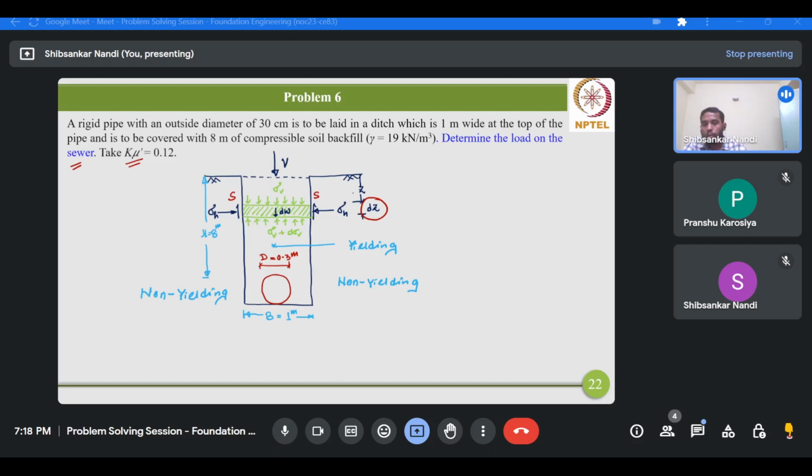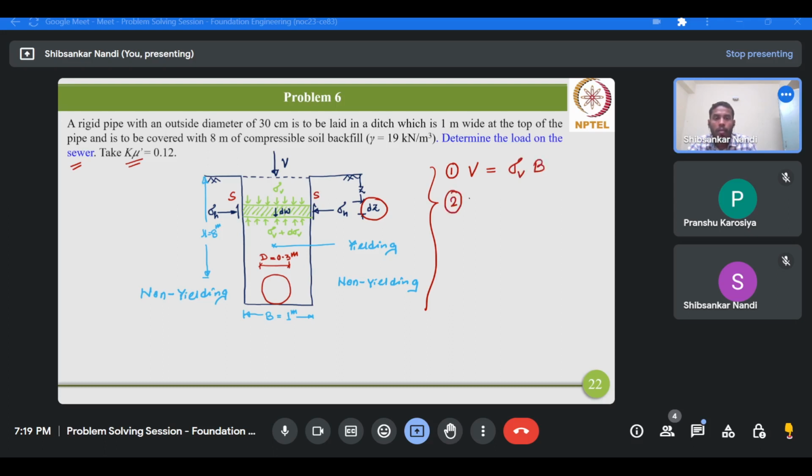Now what we will do, we'll basically try to consider the force equilibrium of this elemental slice in the vertical direction. Okay, so first let me note down the forces which are basically involved in this mechanism. First, force V, which has a magnitude of sigma V times b.